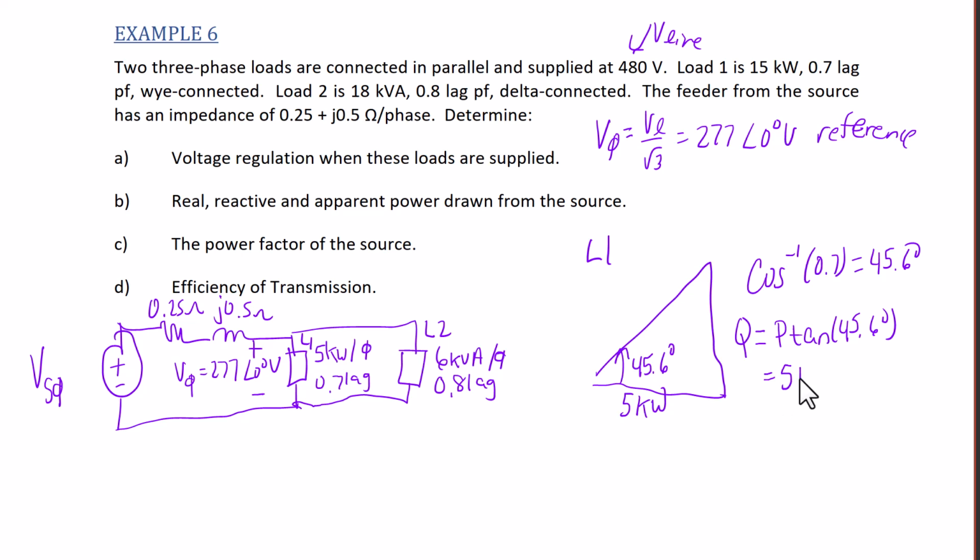So it's 5 times the tangent of 45.6 degrees, and that's going to be in kVAR. So Q is equal to 5.1 kVAR. So the complex power for load 1 is 5 plus j5.1 kVA per phase.